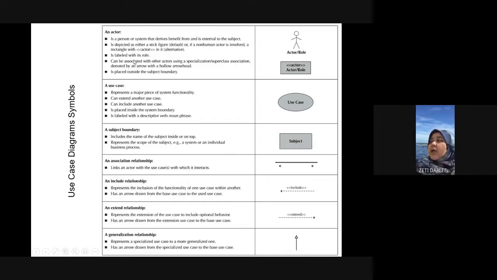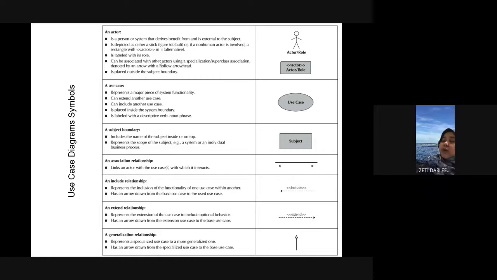Okay. So it's an event lah. Kalau dalam event tu dia dalam bentuk ni ya. So it's labeled as its role, can be associated with other actors using specialization and superclass association, denoted by an arrow with a hollow arrowhead, is placed outside the subject boundaries.